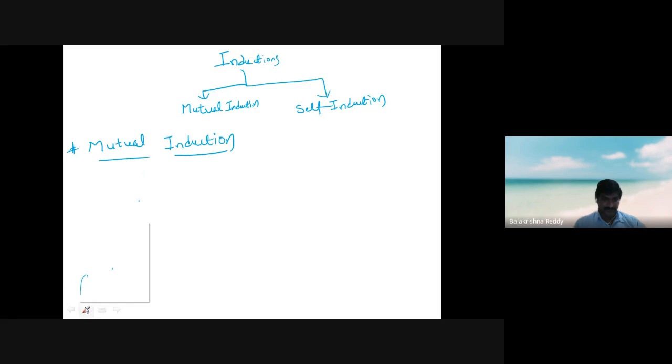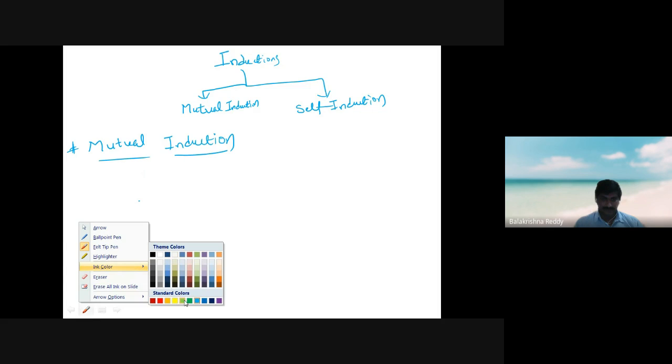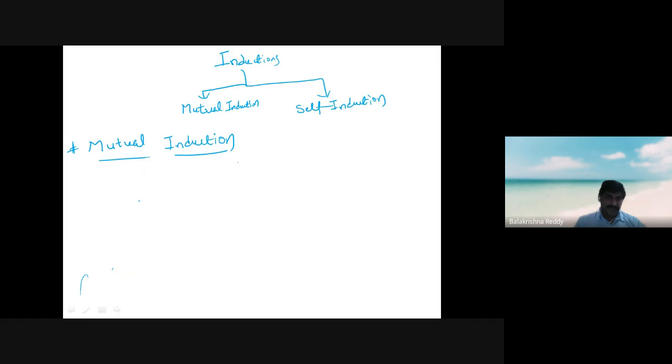Mutual induction. Induction, in the sense, is inducing the current by a coil in itself or in the neighboring coil. This we studied in induction. But mutual induction in the sense, let us say this is one coil which is attached with the battery and connected with the switch.